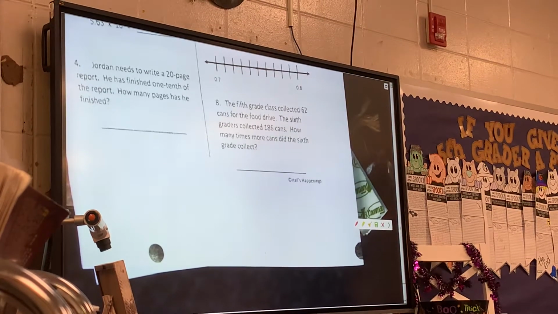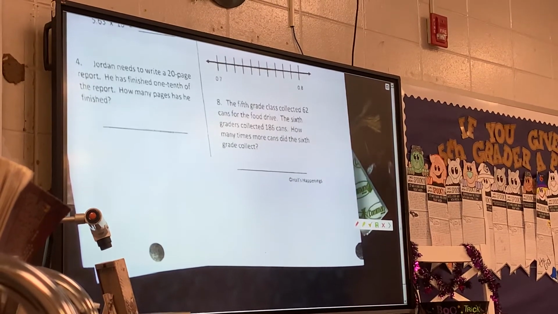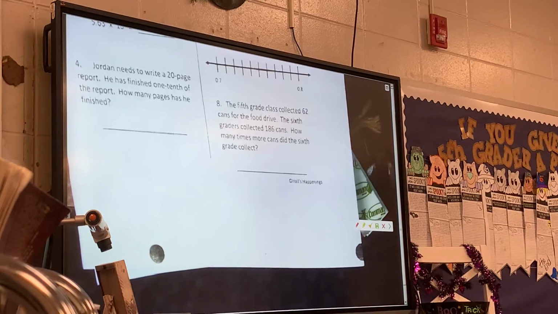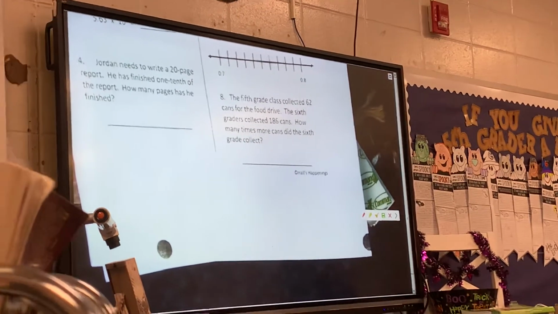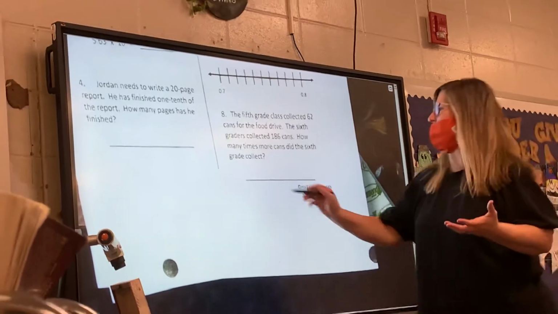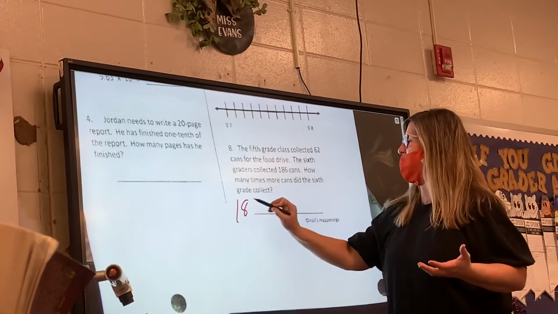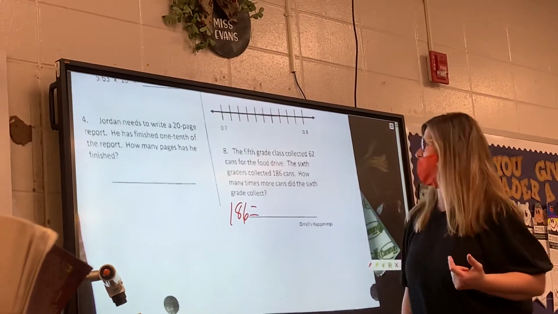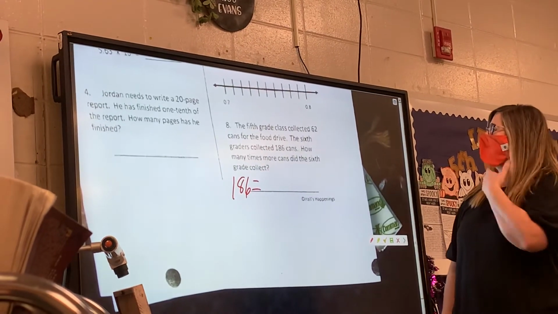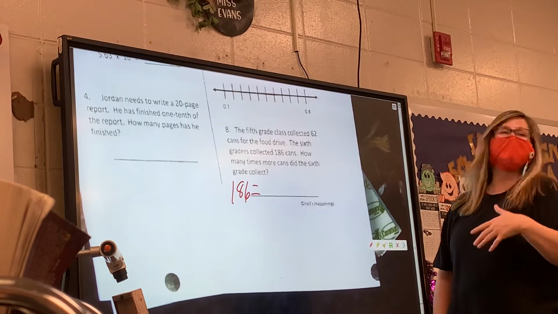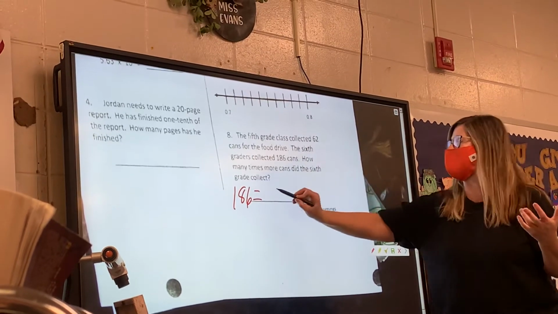Okay. I know that 6th grade collected more, right? That's my total. I'm not getting any more. They collected 186, right? 5th grade collected a certain amount times 62.